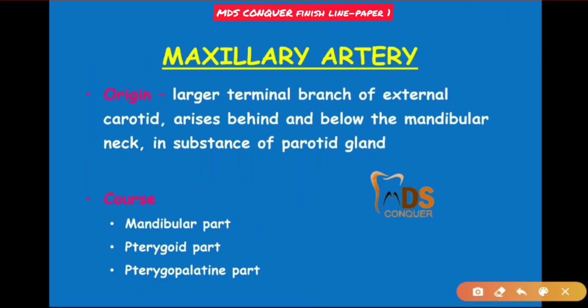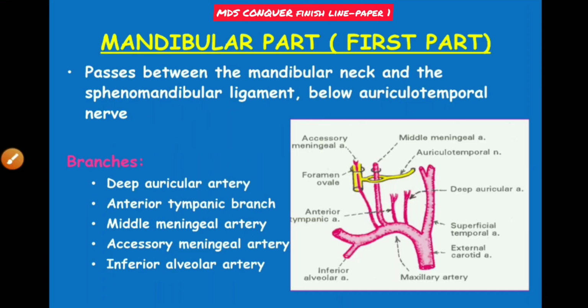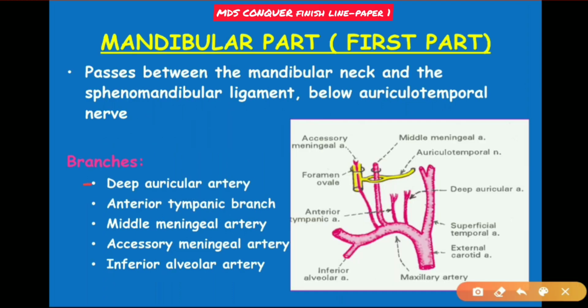Then coming to the maxillary artery, its origin is below the mandibular neck, and it has a mandibular part, a pterygoid part, and a pterygopalatine part. The first part, the mandibular part, has branches including deep auricular artery, anterior tympanic branch, middle meningeal artery, accessory meningeal artery, and inferior alveolar artery.